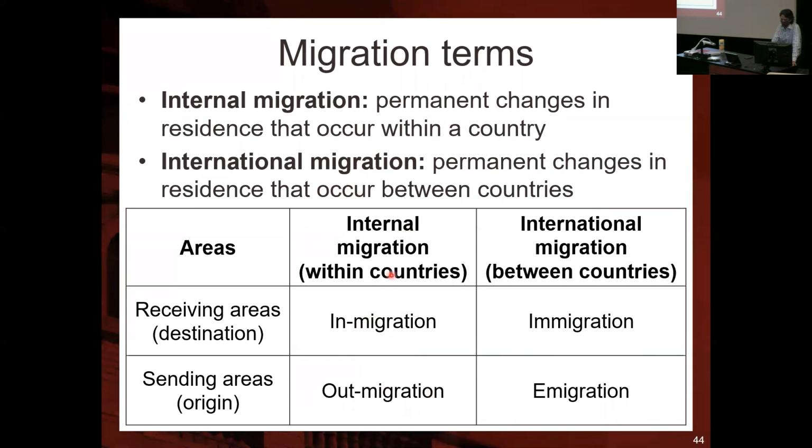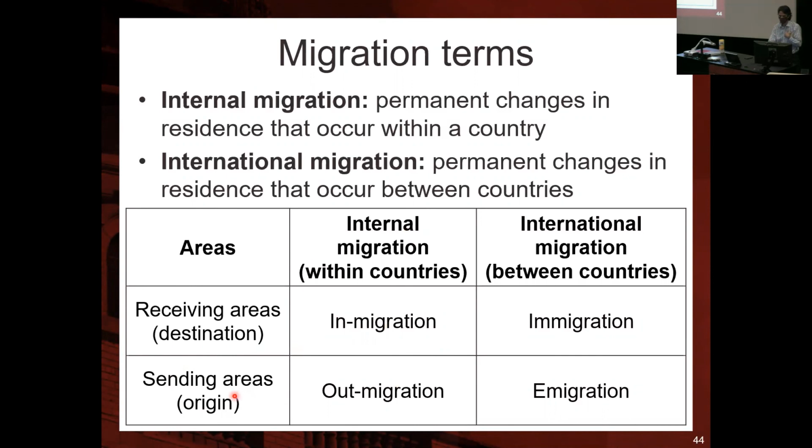If you're doing analysis about internal migration, and if you're looking, for example, at Texas, which has been receiving more people than losing people to other areas in the US, if you're focusing the analysis on people moving from other areas in the US to Texas, you are doing an analysis of in-migration in Texas.